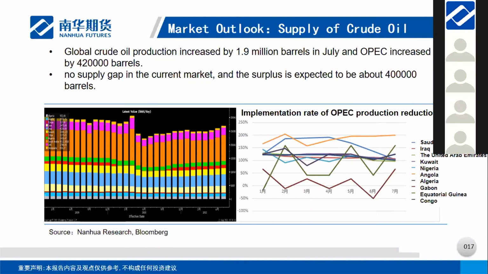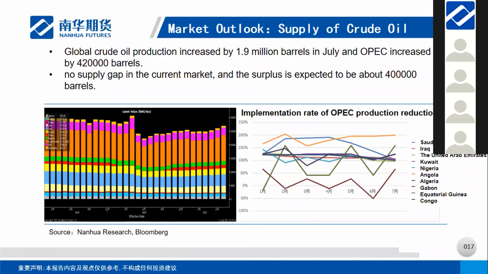From the external environment, it is difficult for US shale oil to grow in the short term, which provides a solid market foundation for OPEC Plus production restriction and price increase. And also, it provides a guarantee for the continuous promotion of the OPEC Plus production reduction agreement in the later stage.